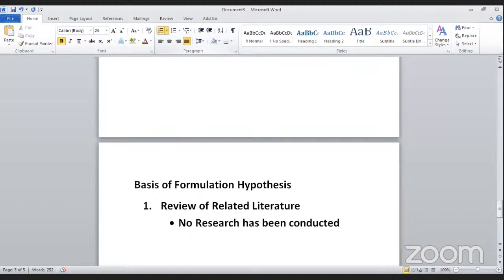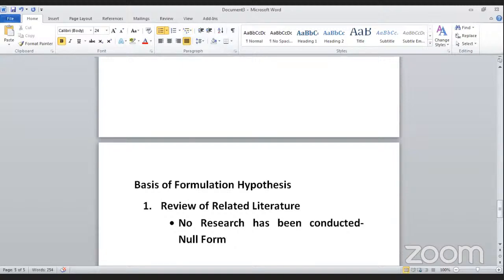Now, which form of the hypothesis should you have? I'm sure you will say that if this is the situation, then you have to have the null form of the hypothesis. Why null form? Because you don't have any base, you don't have any evidence. And whenever there are no strong evidences, it is always the null form.